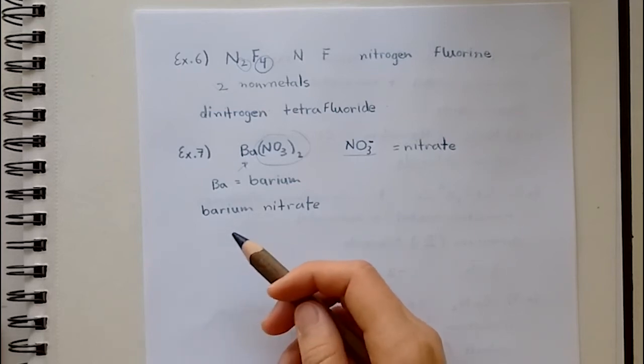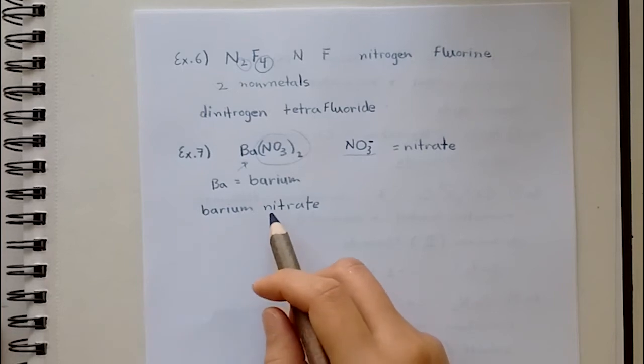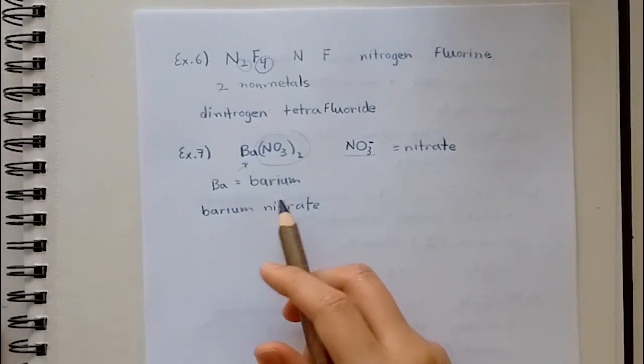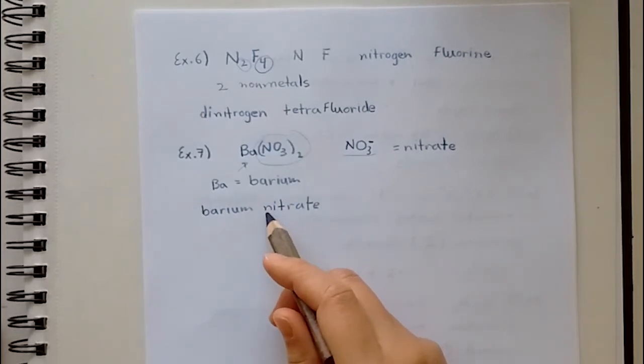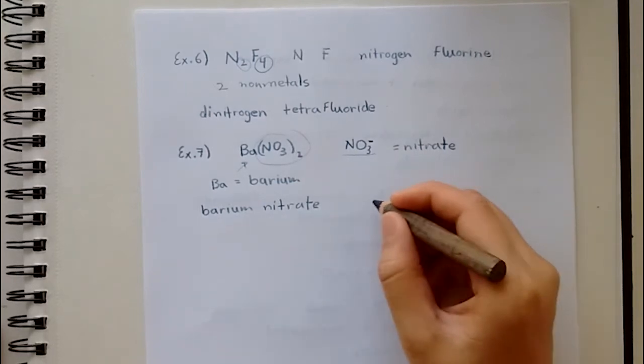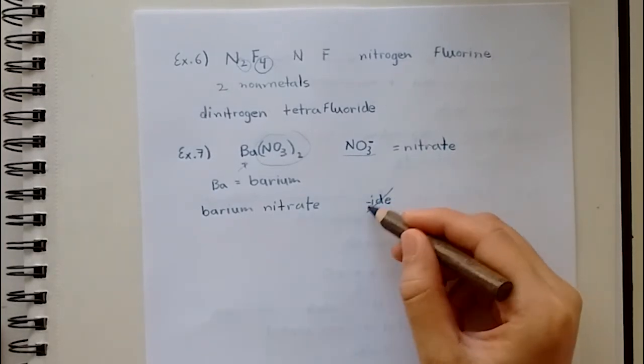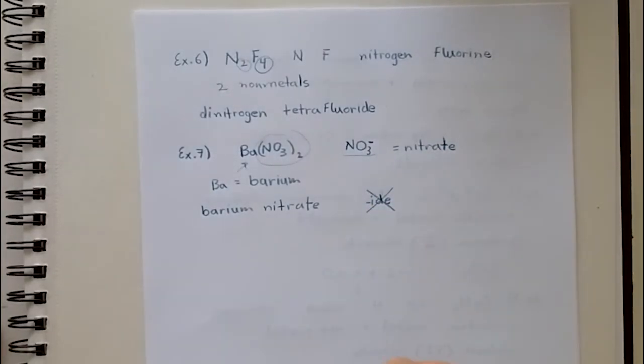We follow the ionic compound rules, and we put the full name of the metal. And for the second part, the polyatomic ion, we put the full polyatomic ion's name. We don't add the ending "ide." So this ending, for polyatomic ions, we don't do.